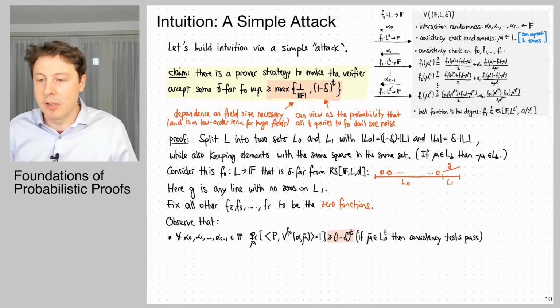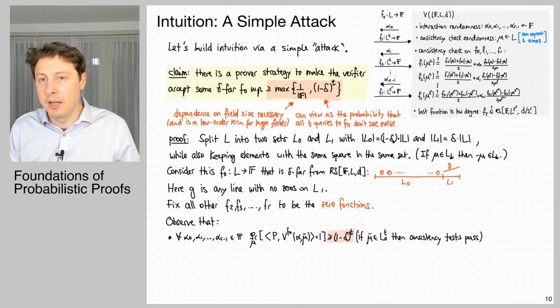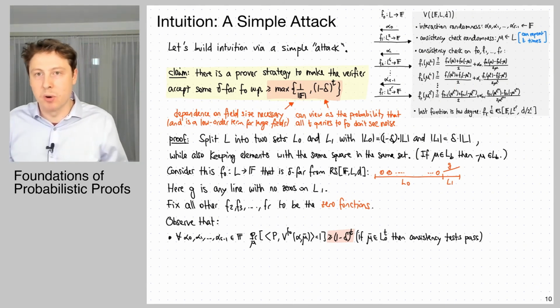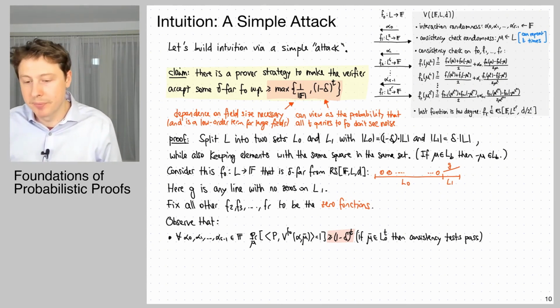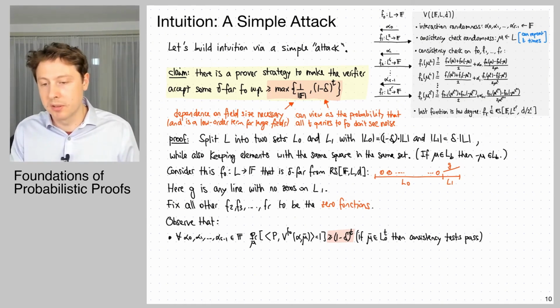What do you get? 0, right? Why? Because that's what you should have gotten anyway. That was the honest execution. So if all the consistency checks land in this location, it's as if the function we started with really was 0, and answering 0 every time is the honest execution, right? So the probability that all of the tests fail to see the noise is this one over here, okay?